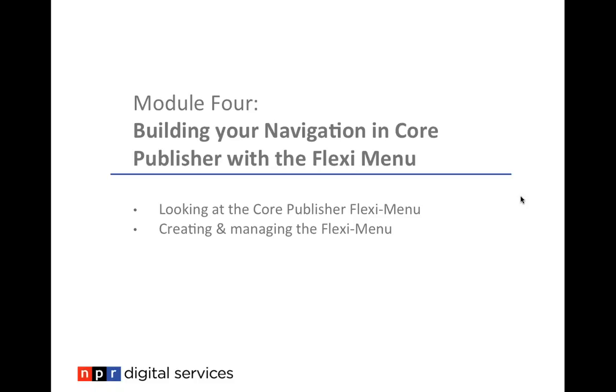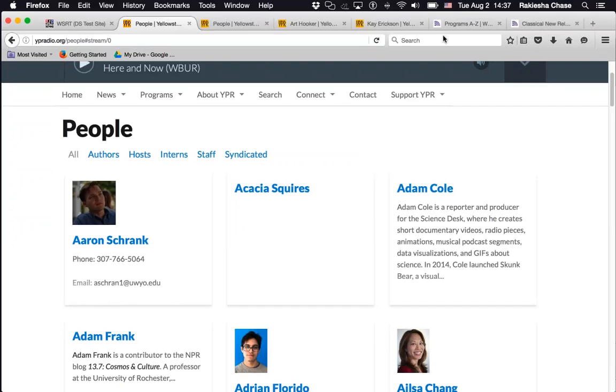And the question was, is there a way to not have all of the headings on the people page? Good question. So, I'm going to go into one of our sites so we can take a look at exactly what we're talking about.